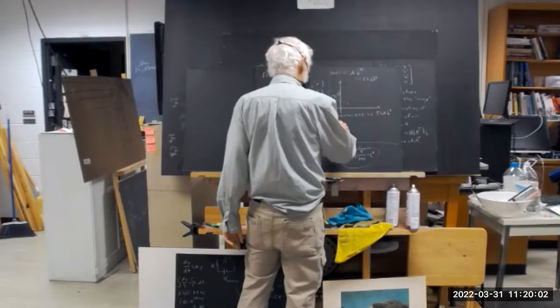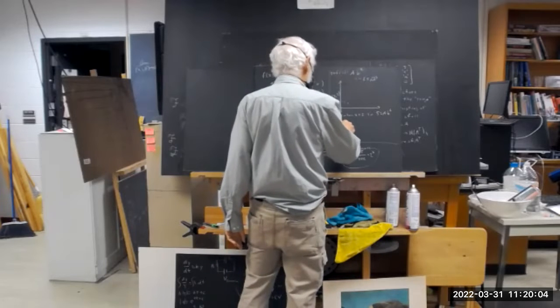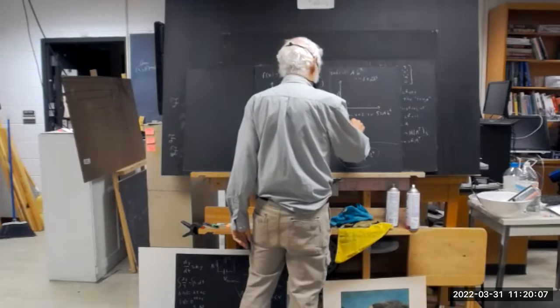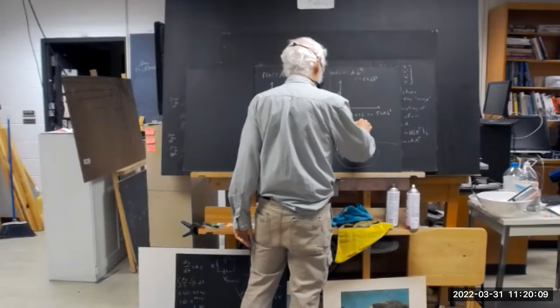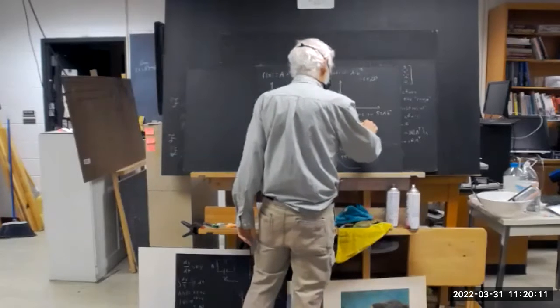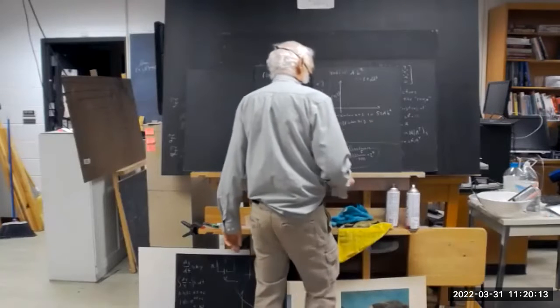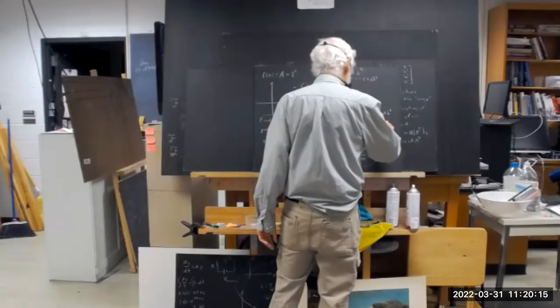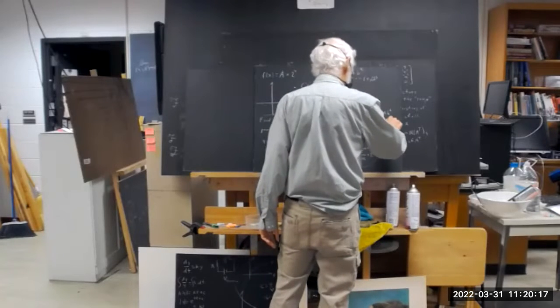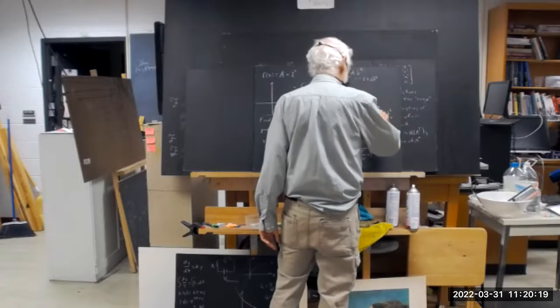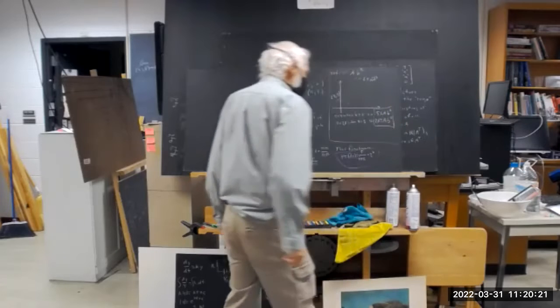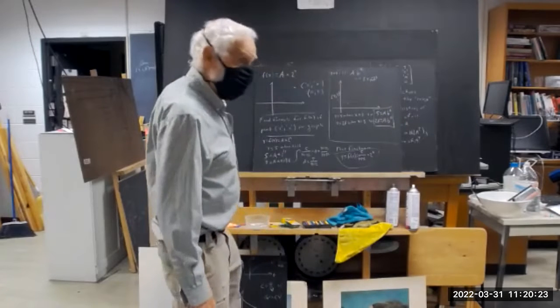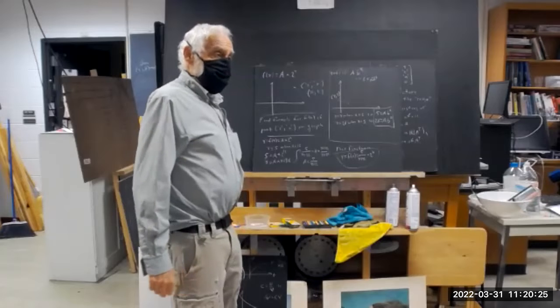Anyhow, y equals 28 when x equals 5. So 28 equals a times b to the 5th.